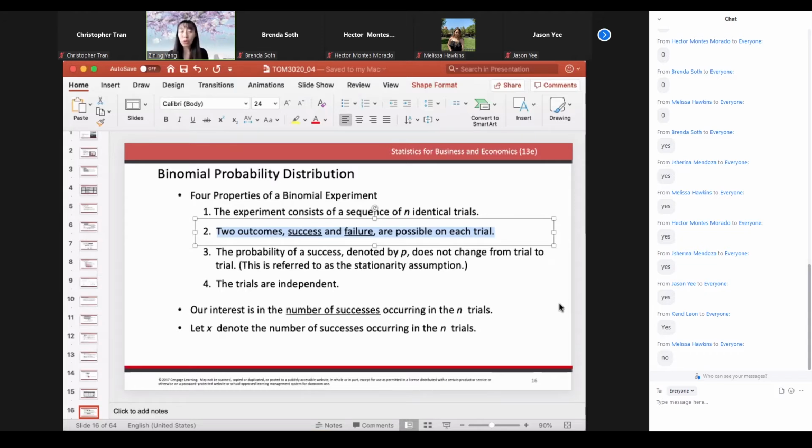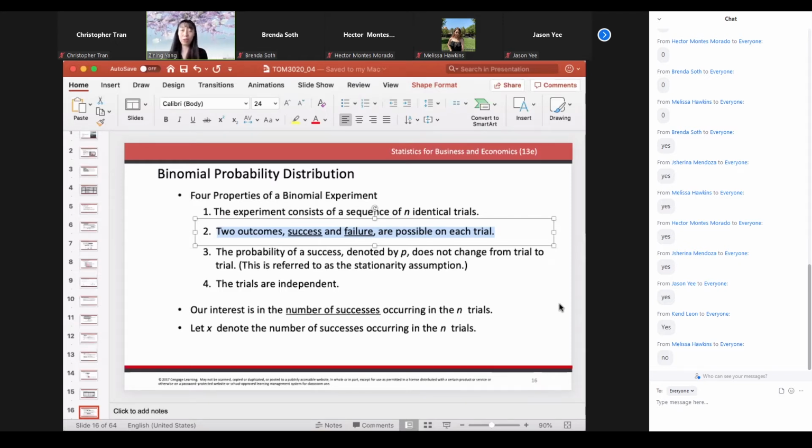And I can simply define senior students to be success and non-senior students to be failure. Or I can define senior students to be failure and the non-senior students to be success. It does not matter which one you define as success or failure, as long as you only got two outcomes. They just need to identify two different outcomes. Doesn't matter which one is what.